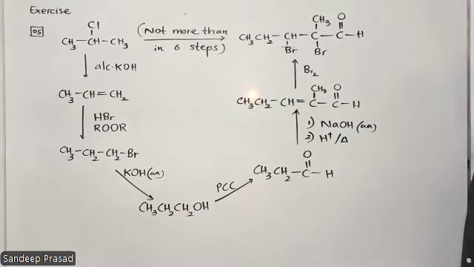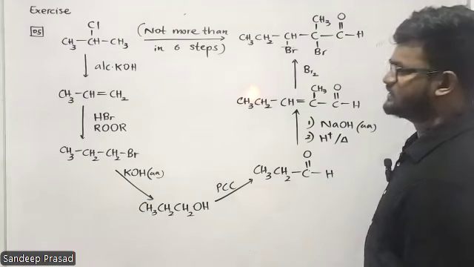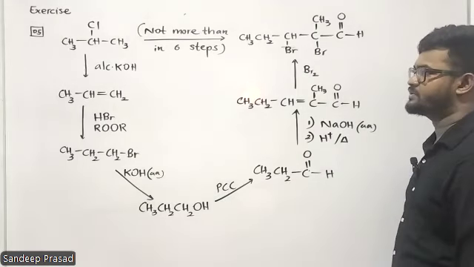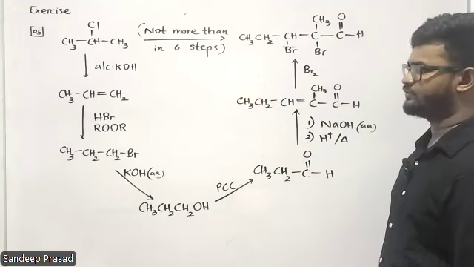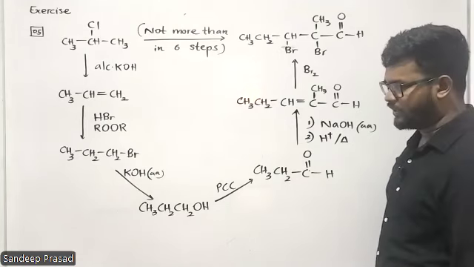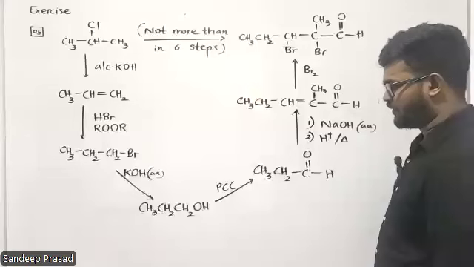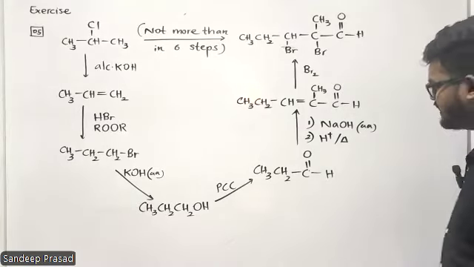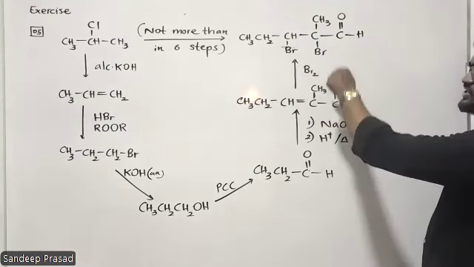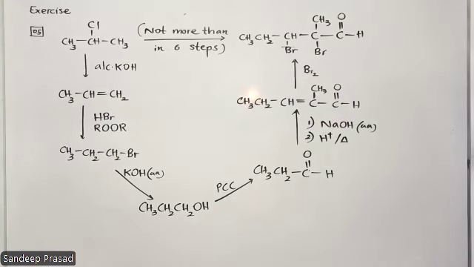Okay, alcoholic KOH is added, alkene is produced, HBr in the peroxide medium, anti-Markovnikov rule. Aqueous KOH, Br can be converted into OH. Primary alcohol oxidized into aldehyde by adding PCC. Self-condensation reaction and addition of Br2. That's all. 1, 2, 3, 4, 5, 6. Okay. Right. So that's all about the next one.